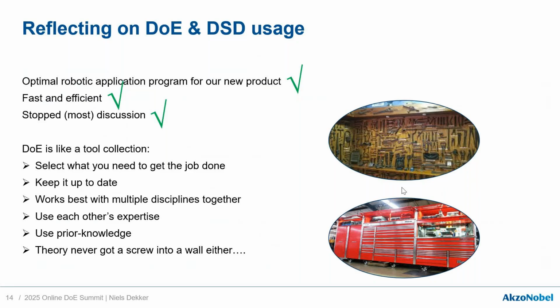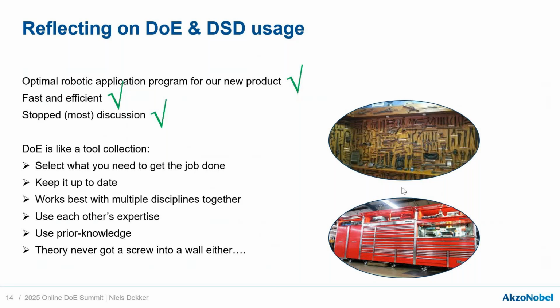You keep it up to date: new designs, new analysis, new graphs, new Design-Expert versions. It works the best with multiple disciplines together. I can't DOE a new product, but DOE helps to speed up the process, use each other's expertise and use prior knowledge, both from the product but also from DOEs.